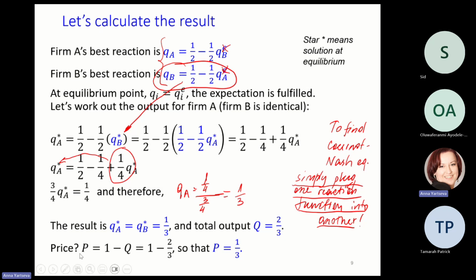What is the price? To find price, plug this equilibrium quantity, industry output, industry Q, into the demand function.